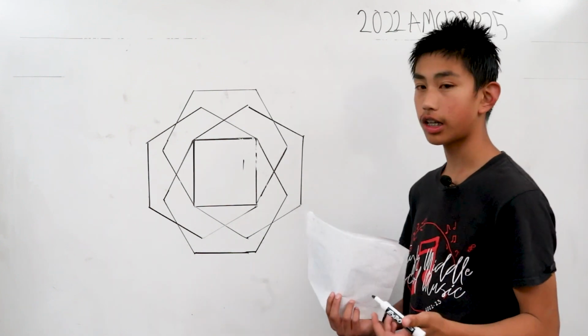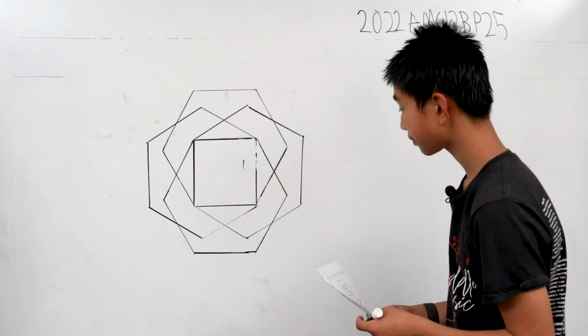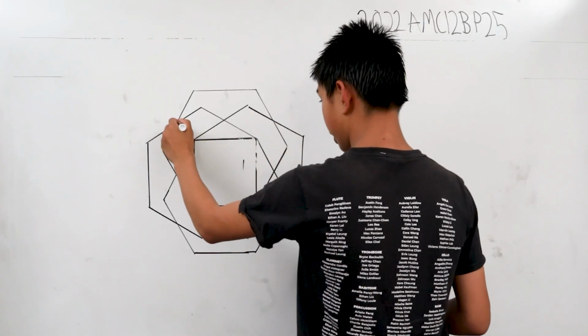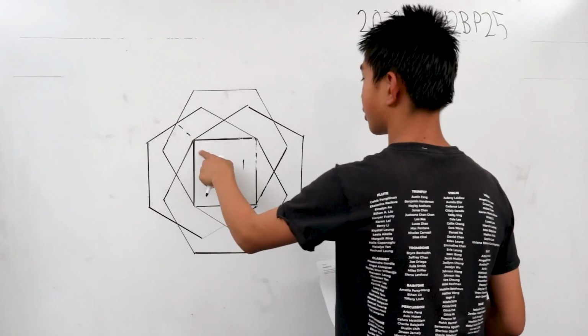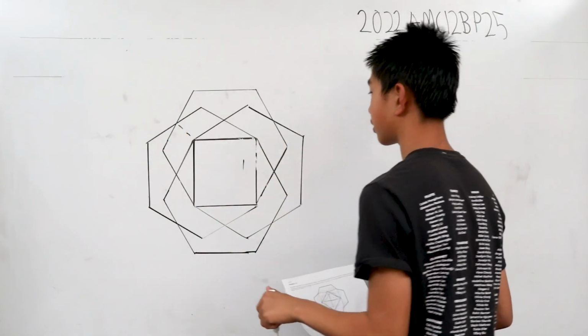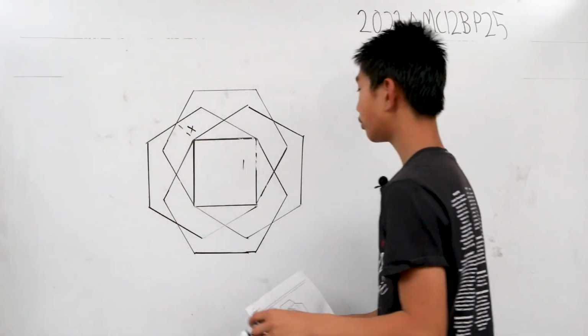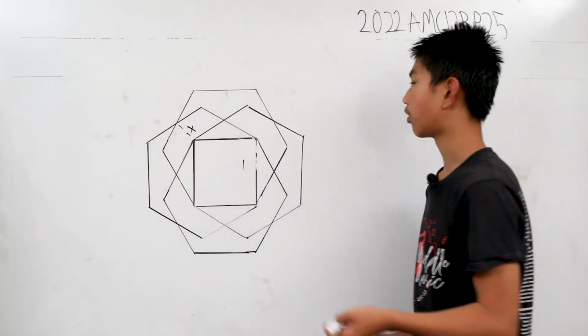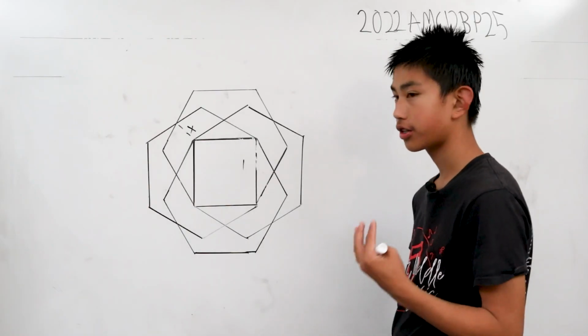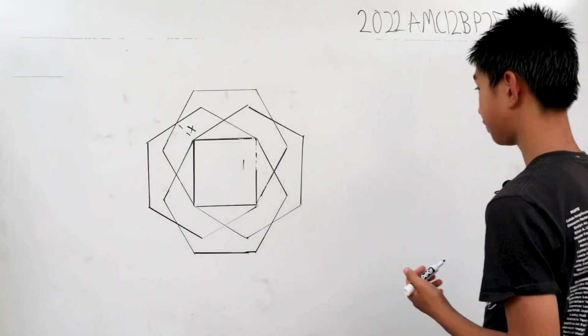So we want to define a few variables here. First of all, let's let this length from the edge of the square to this side length of one of the hexagons be x. And we know that x is equal for all points here, as the hexagons are all the same.